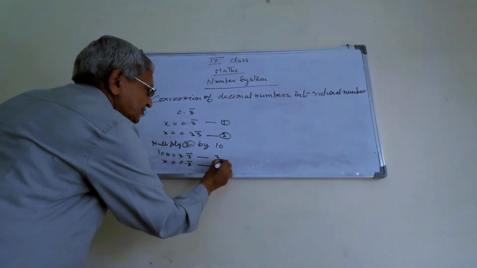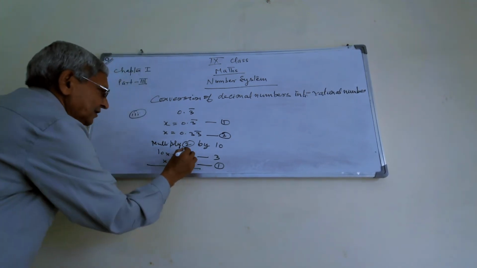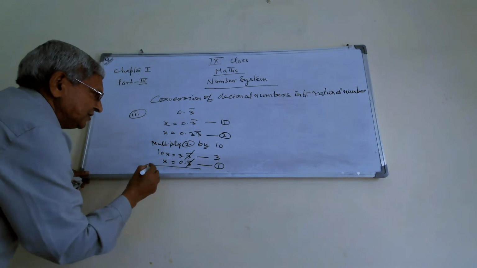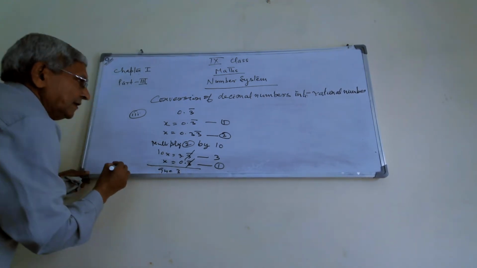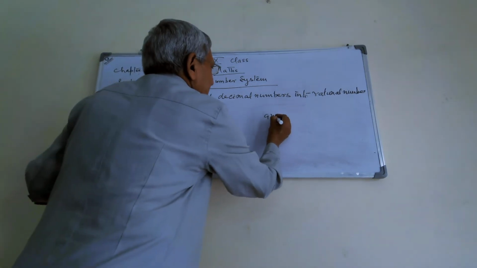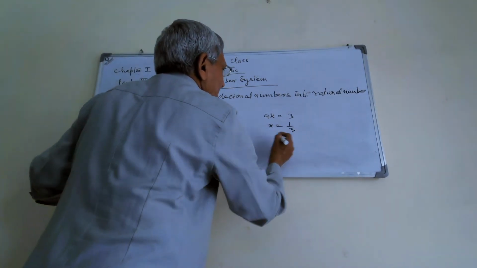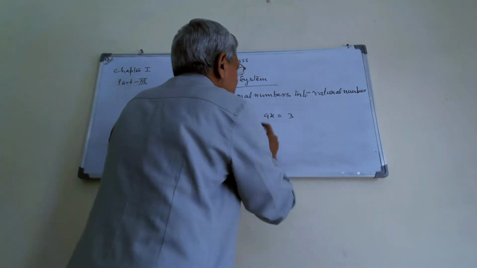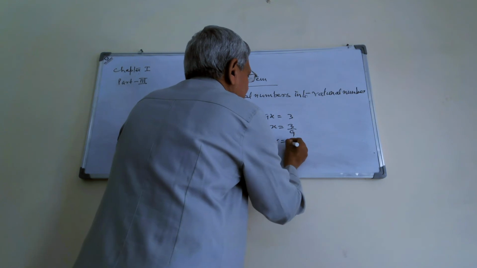By subtracting both, this cancels with this, and 9x is equal to 3. And x is equal to 3 by 9, and x is equal to 1 by 3.